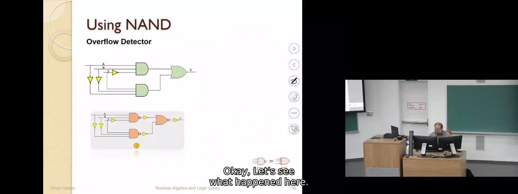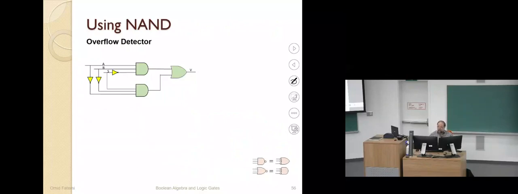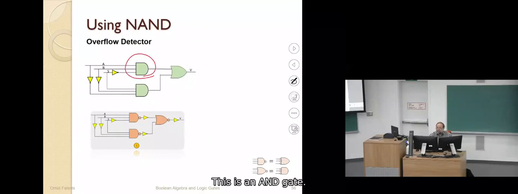Okay, let's see what happened here. This is an AND gate. I am going to change it to NAND because I told you NAND is better. If I change it to NAND, then it means that I have a new function.